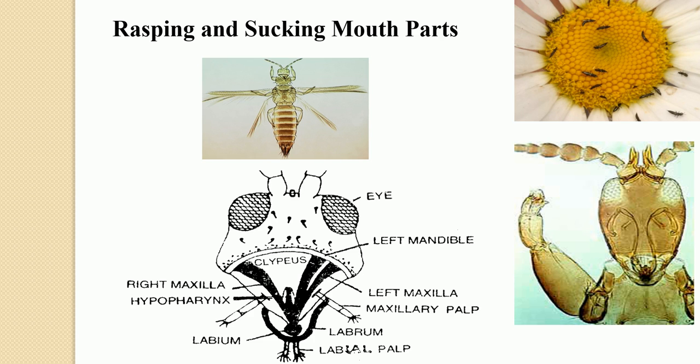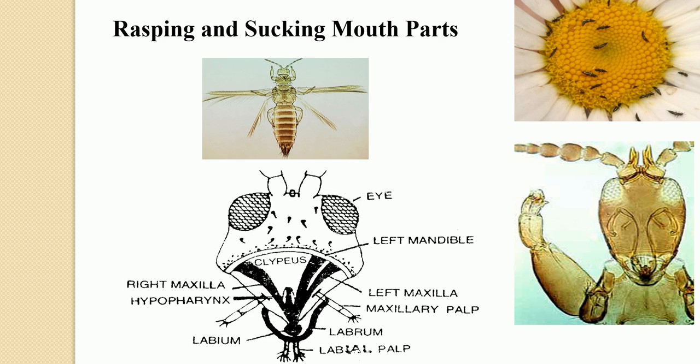The stylets are adapted to move in and out of the beak, and all these parts form a piercing apparatus which is useful for piercing the epidermis of their host, which is actually the leaves of the plant or the petals of the flower. The maxillary stylets are longer than the mandibular stylet. The laciniae fit together to form a food canal. The rasping and sucking type of mouth parts are intermediate between the chewing, biting and piercing-sucking types.